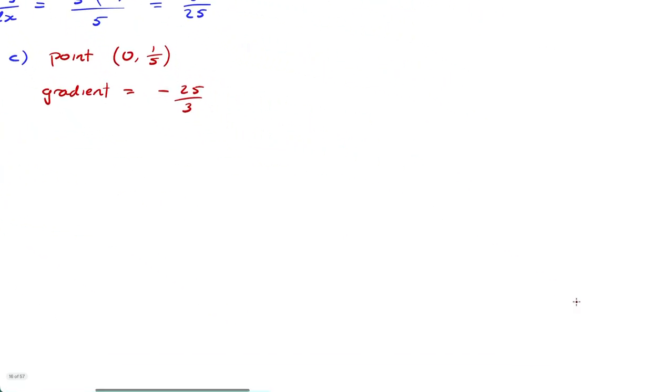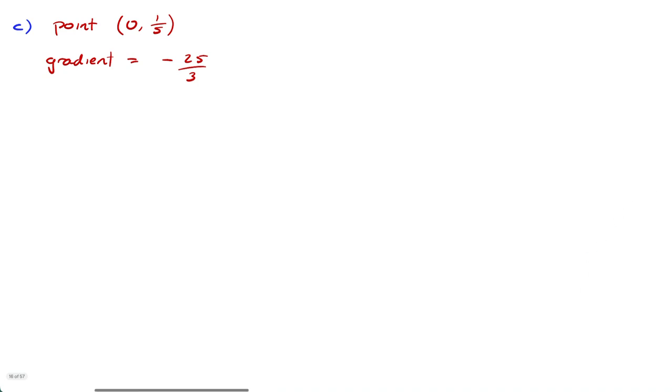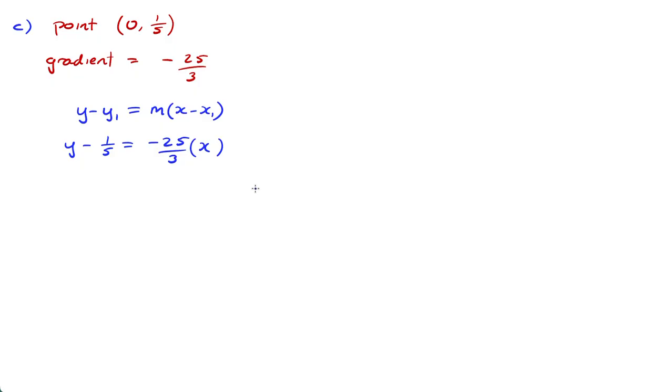Now, once I have that, I'll sub into my formula. My preferred formula, guys, is y minus y1 equals m into x minus x1. Feel free to use y equals mx plus c if you want. This is y minus a fifth equals m into x minus 0, which is just x.